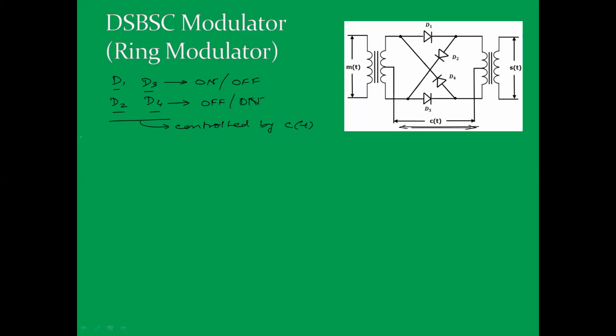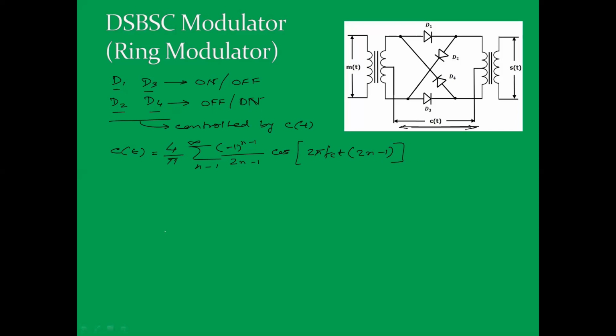C of t is nothing but a pulse signal or carrier signal in this case, and from my previous modulator circuit, the switching modulator, I saw that C of t has the equation 4 by pi, summation over n, of (minus 1) to the power n minus 1 over 2n minus 1, cos 2 pi fc t (2n minus 1). So this is the equation of my carrier signal.